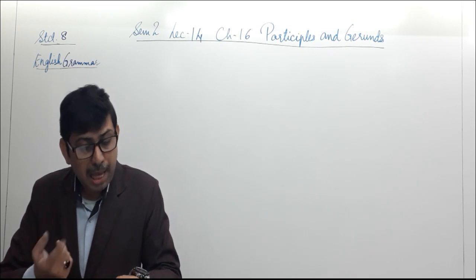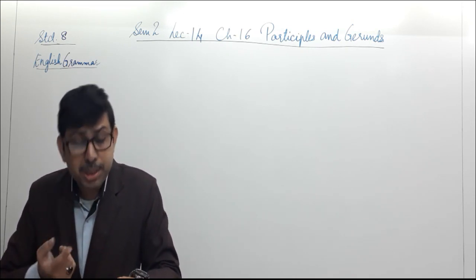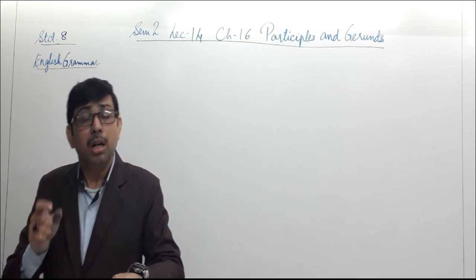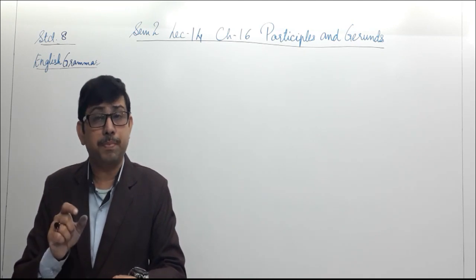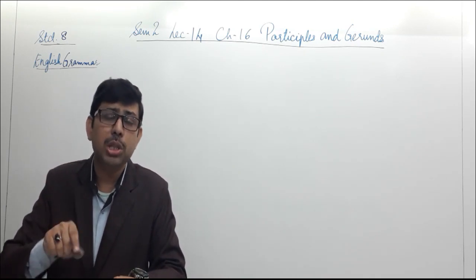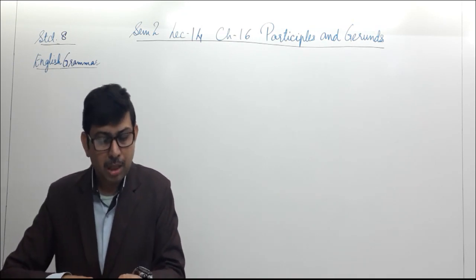Well, in the prior picture also we read gerunds may also be used adverbially. I explained that when a gerund works as an adverb in a sentence, plays the role of an adverb, we say it is used adverbially. Let us see. The sentence is given to us.